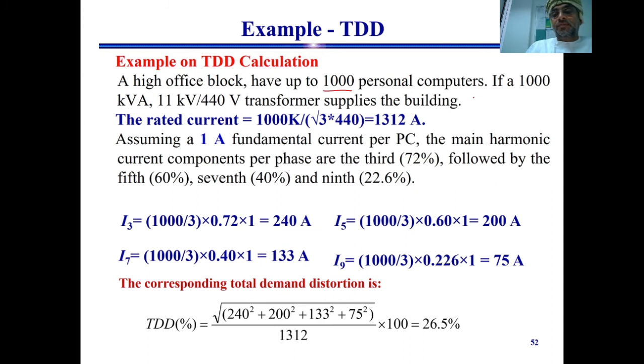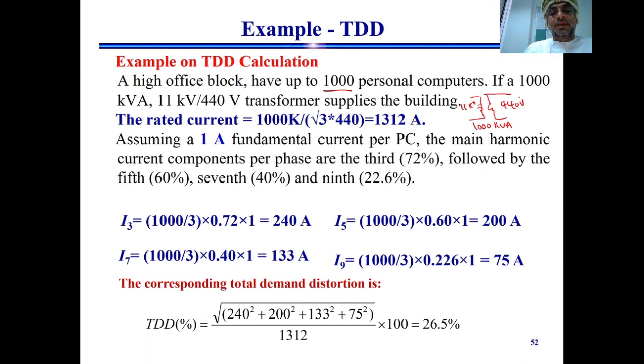So over here we have a transformer, and the size of the transformer is 1000 kilovolt ampere, and this is 11 kilovolt on the primary side, secondary side 440 volt. Of course, this is three-phase.